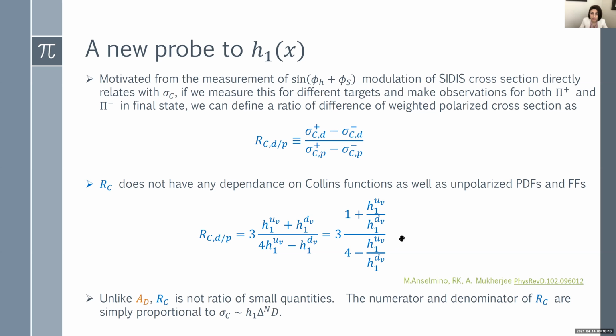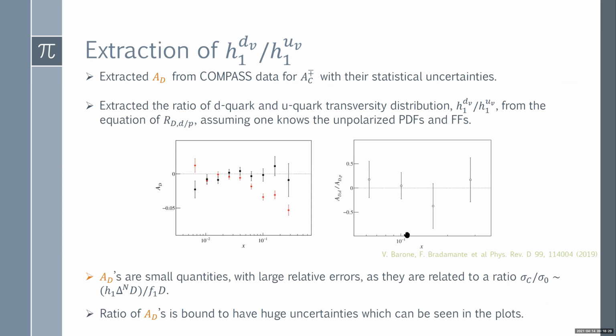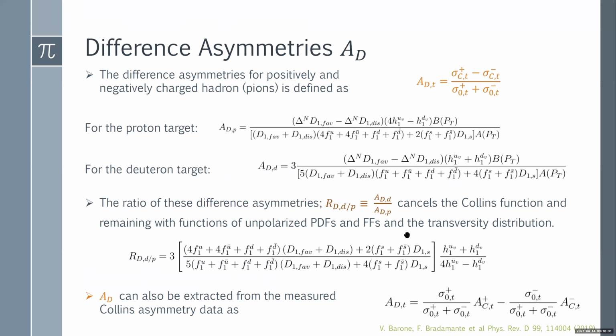One question from Gunnar. Yeah. Hi. I was wondering, in the approach of the difference asymmetries, you rely on the cancellation of the fragmentation functions, and for that to happen, you need to have a factorized ansatz for the distribution and the fragmentation functions.